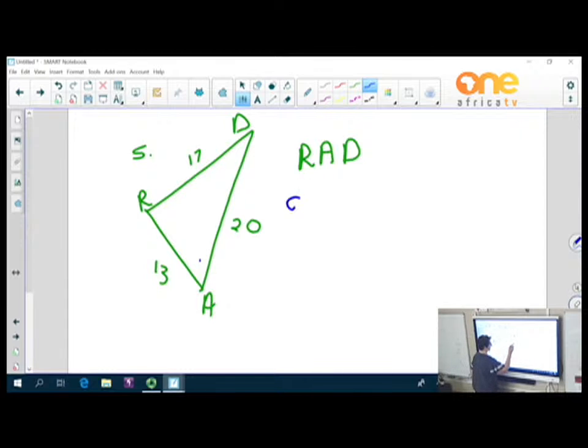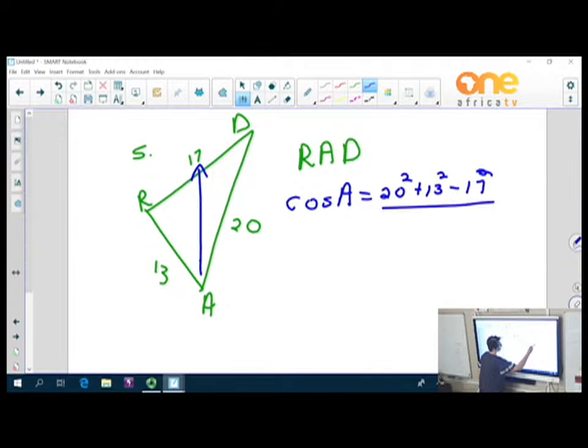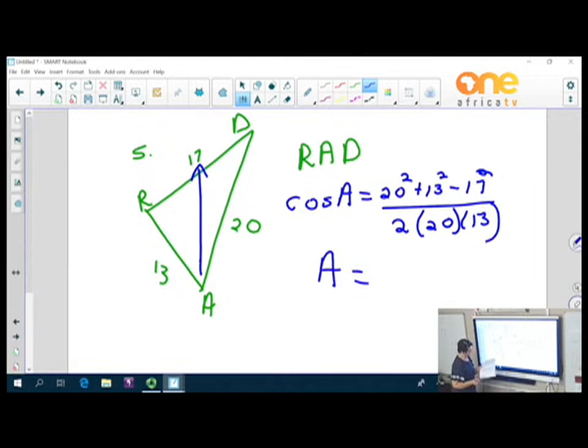So I can say that cosine A is then equal, this is the one that I'm going to subtract, so it will be 20 squared plus 13 squared minus 17 squared. That's the one that you subtract, over 2 times 20 times 13. Second function, cosine, to find that angle there, and I got 57.4 degrees. So this is now this angle that we found.